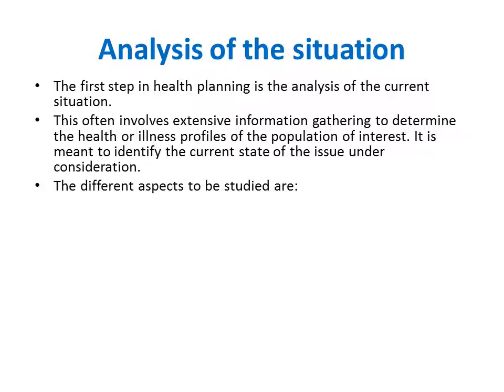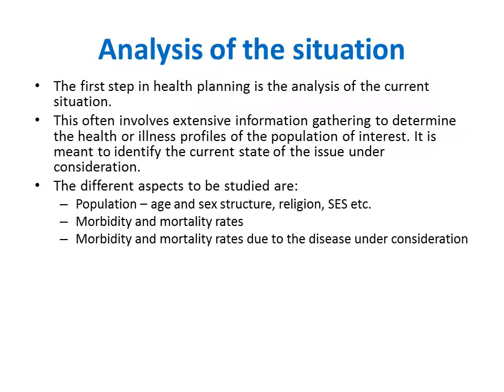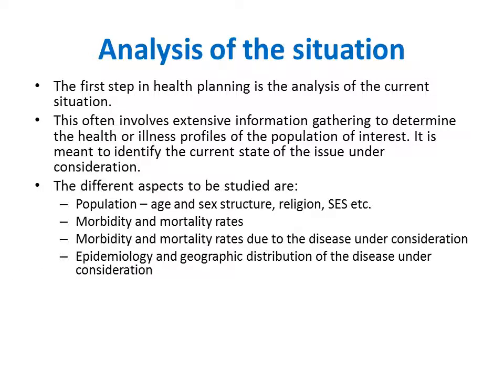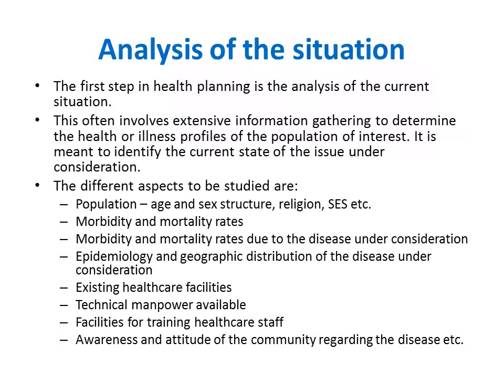In addition to the distribution of the disease, different major aspects have to be studied for the planning process, and these are the population structure, morbidity and mortality rates of the population, morbidity and mortality rates specifically to the disease under consideration, epidemiology of the disease, existing healthcare facilities to deal with the disease, and technical manpower available, facilities for training more manpower, awareness of the community regarding the disease, attitude of the community regarding the control of the disease, and many such things of relevance to control the disease.